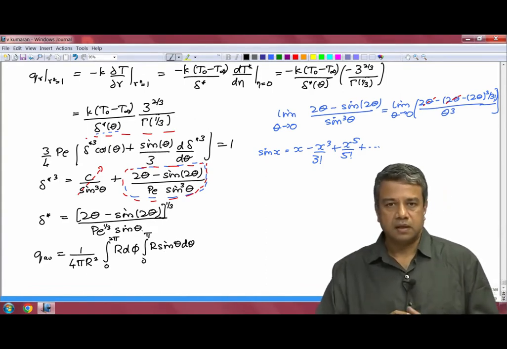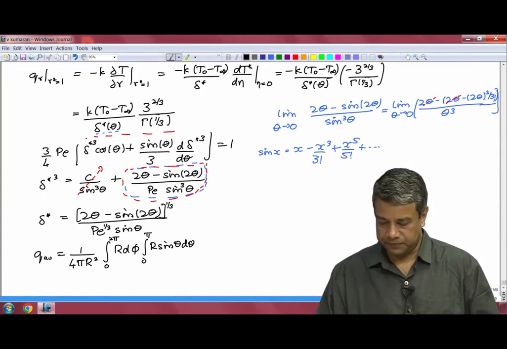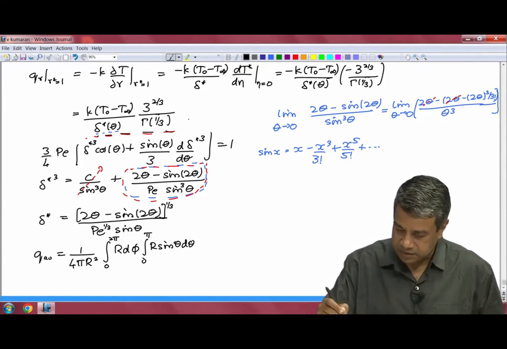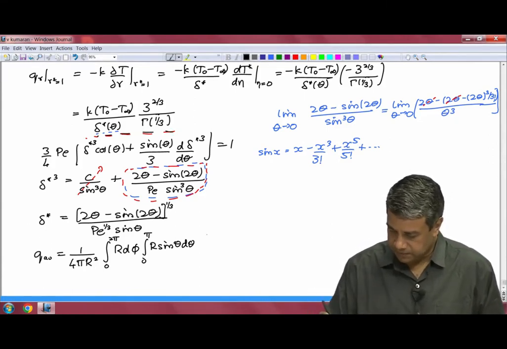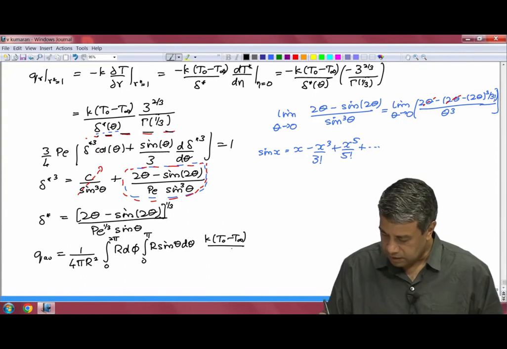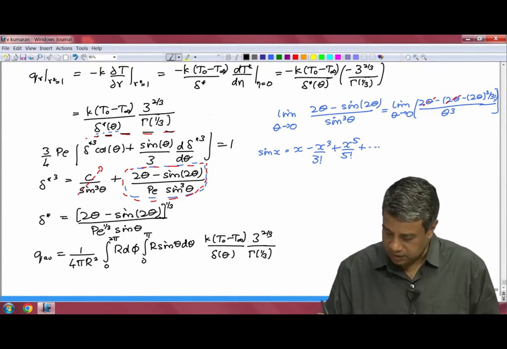Recall, in a spherical coordinate system, phi goes from 0 to 2 pi and theta goes from 0 to pi. Of this term here, which will be k into (T naught minus T infinity) by delta of theta, 3 power 2 by 3 by gamma of 1/3, delta star.